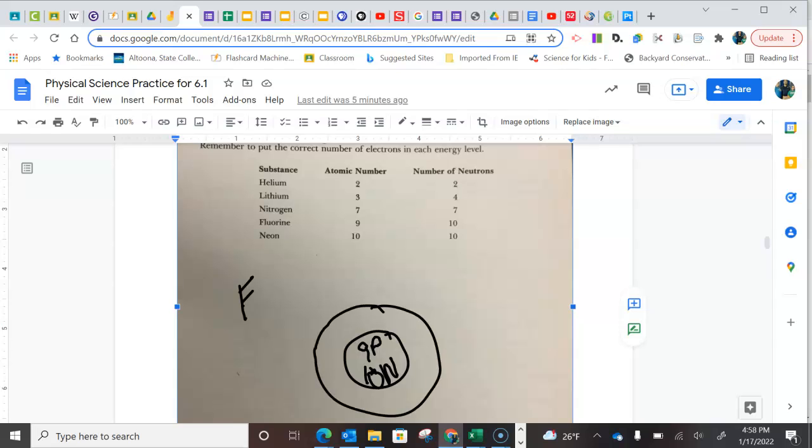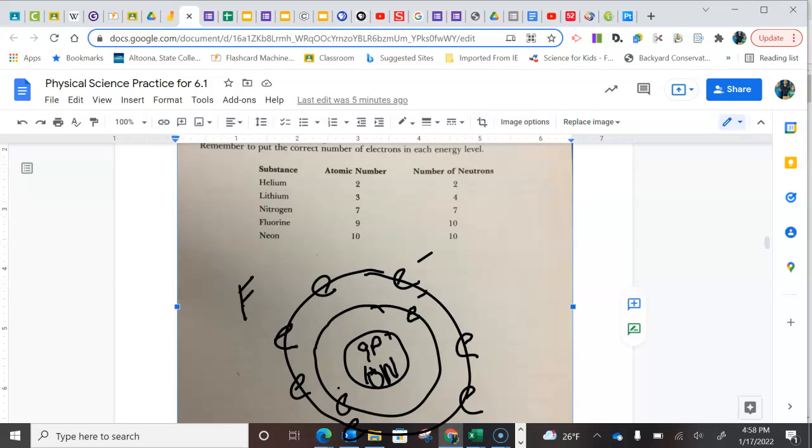It has 9 total electrons because you have 9 positive, you better have 9 negatives. I can put 2 electrons in my first shell. 9 minus 2 is 7. I need 7 in the next shell. 1, 2, 3, 4, 5, 6, and 7.